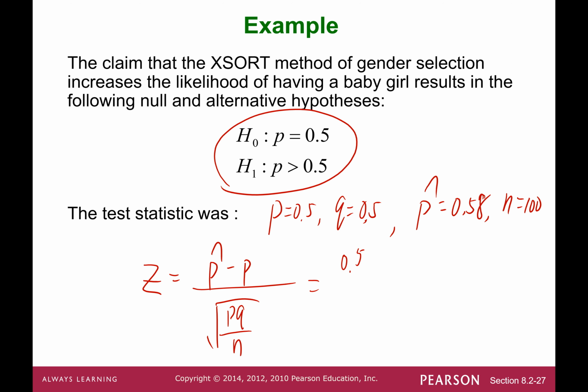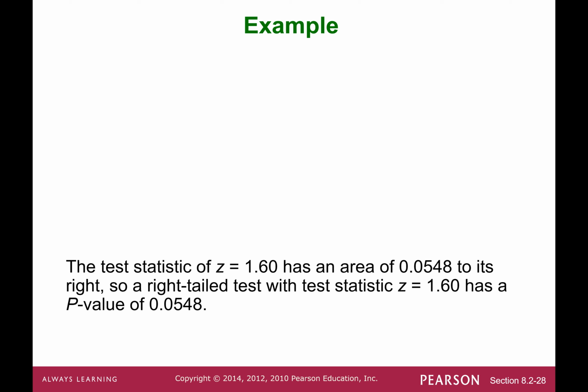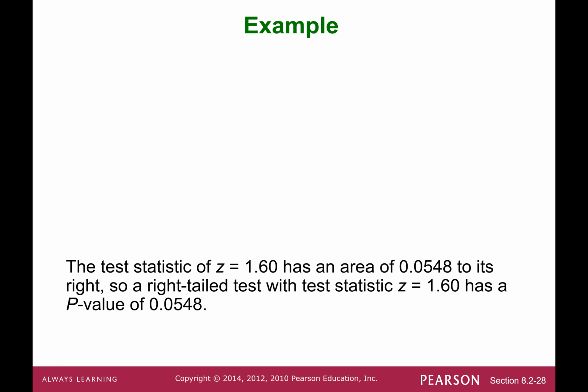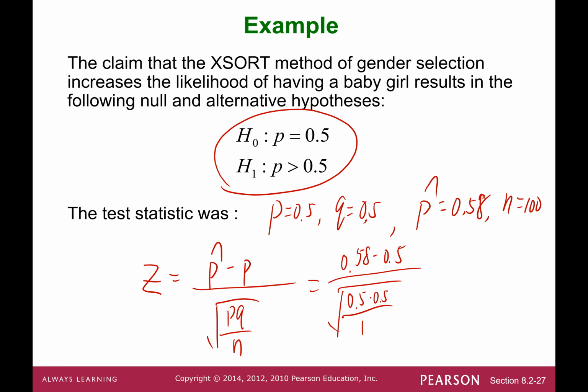So 0.58 minus 0.5 over the square root of 0.5 times 0.5 over 100. That turned out to be exactly 1.60. That's the test statistic.